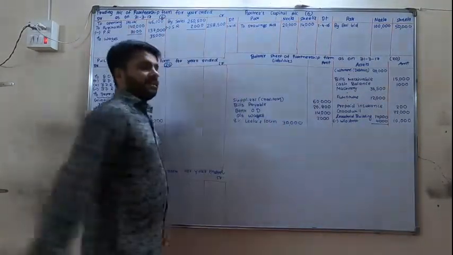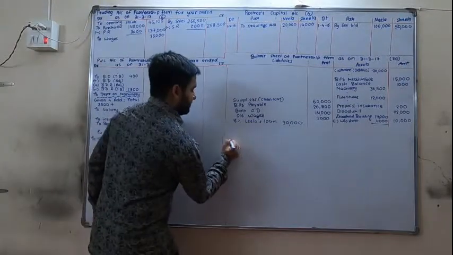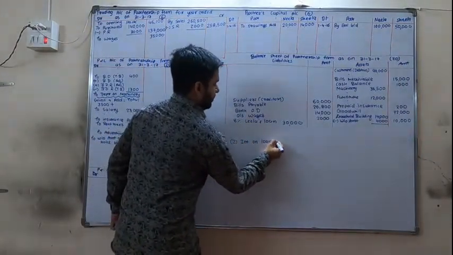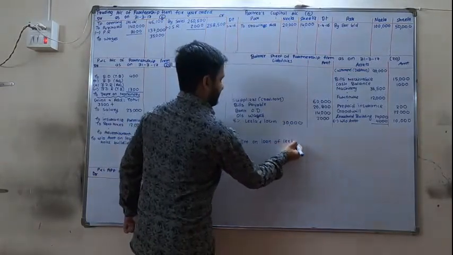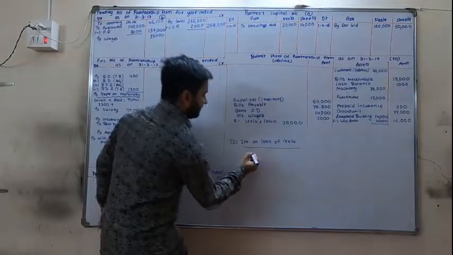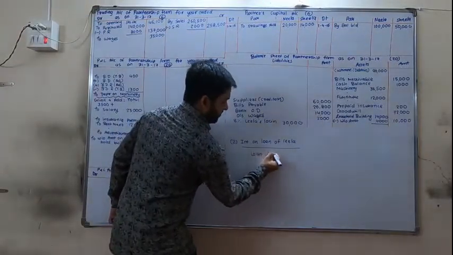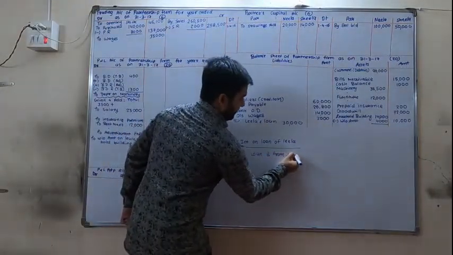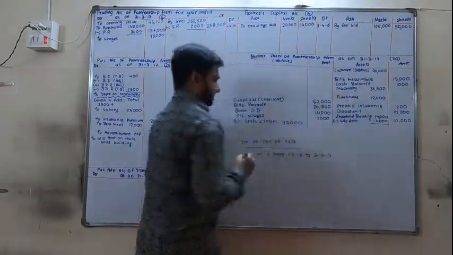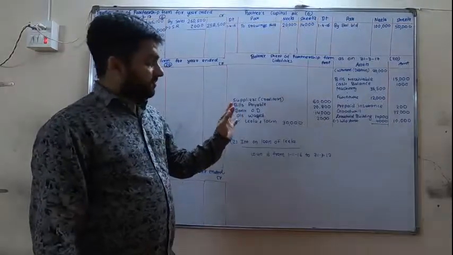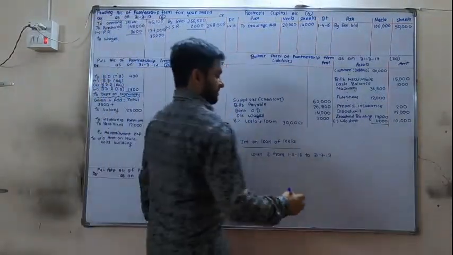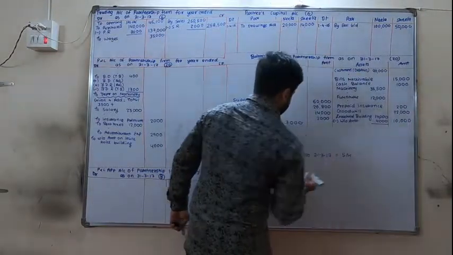Again we are calculating interest for it in calculation number 2. Interest on loan of Leela. The loan is from 1/11/16 to 31/3/17. 11, 12, 1, 2, 3, that is 5 months.